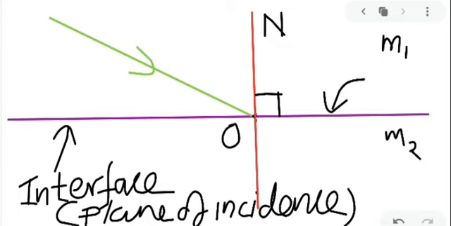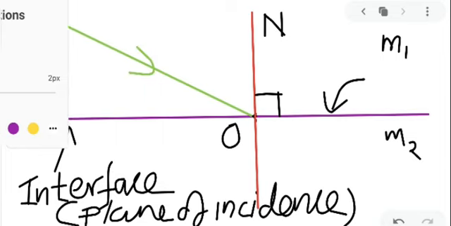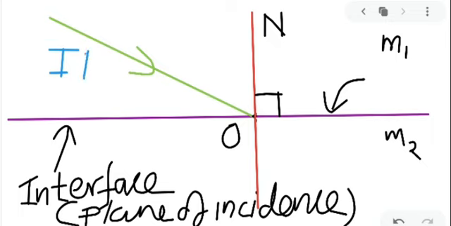It is at 90 degrees. So the normal is just an imaginary line. It is used just to measure the angle at which our incident ray, this green ray, is incident. So we can call it the angle of incidence. So this is what the angle of incidence is.